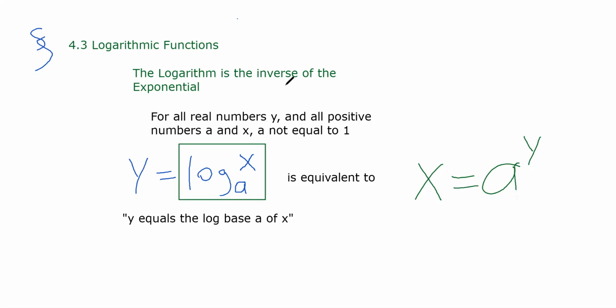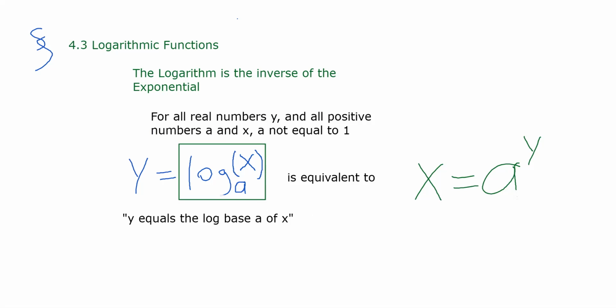And sometimes you can see the x written in parentheses. It isn't a superscript. It's the argument of the logarithm. And we'll look at several examples here in just a moment.